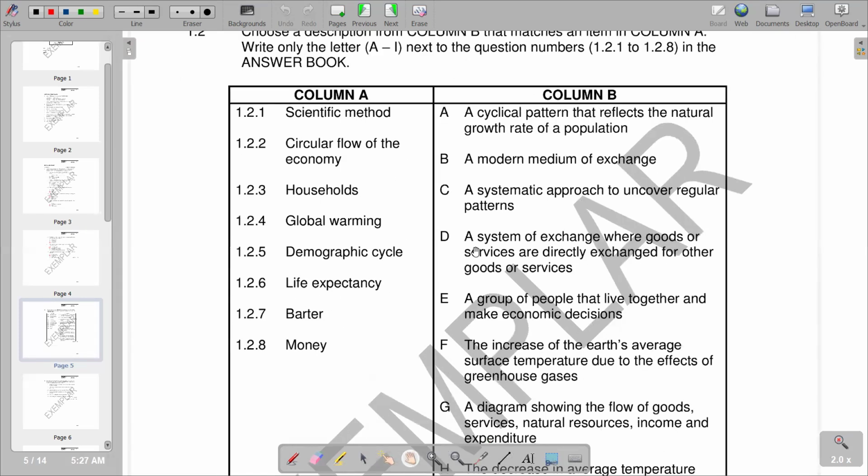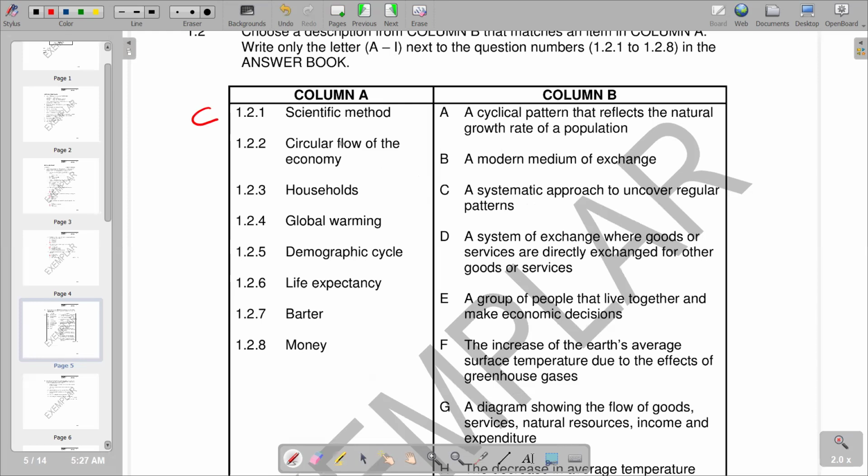So you see that 1.2.1, there we are going to see that C reads a systematic approach to uncover regular patterns. So this is the explanation that is matching the scientific method. So basically we have got our C on the first, 1.2.1.